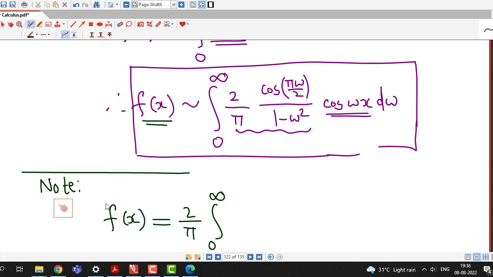At the points at which the function is continuous, I will have equality.